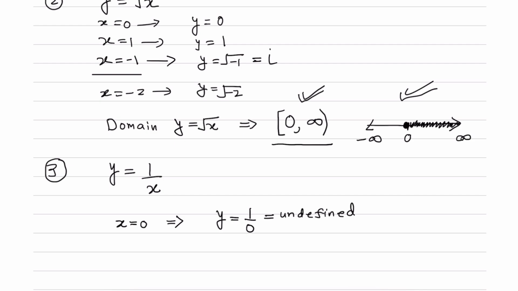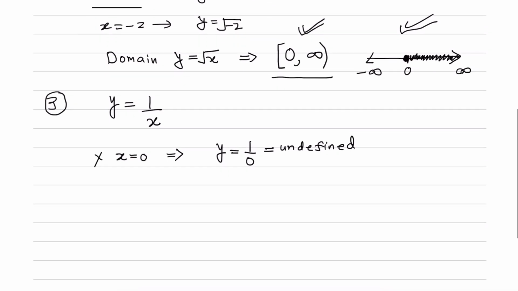So by plugging x equal to 0, we did not get a real number. So we will say that x equal to 0 should not be part of the domain. But other than that, if I take any x other than 0, like x equal to 1, x equal to 2, or even a fractional number like 1 over 2, in every case I get y as some real number.